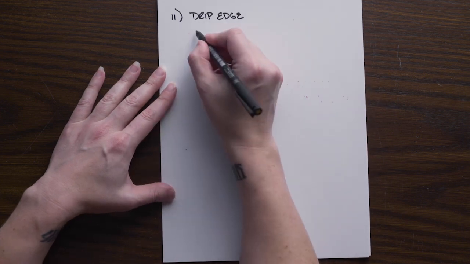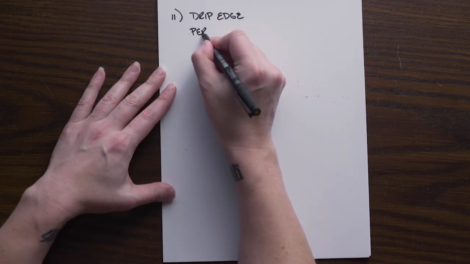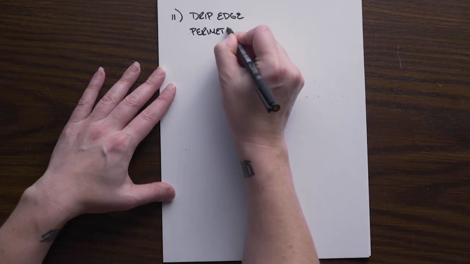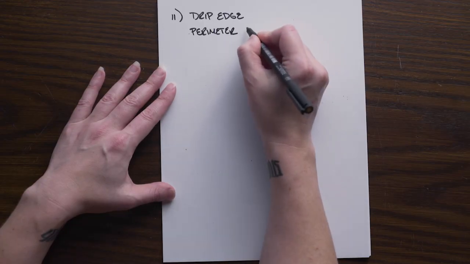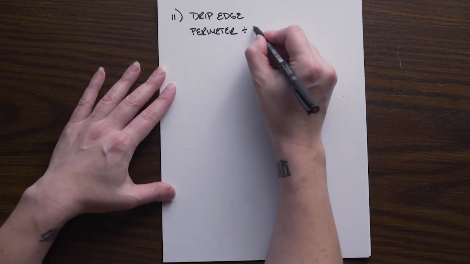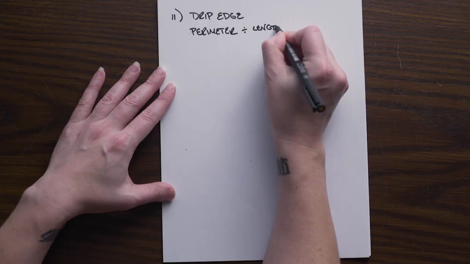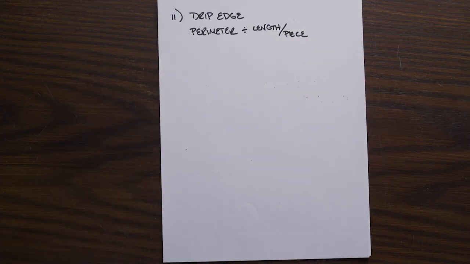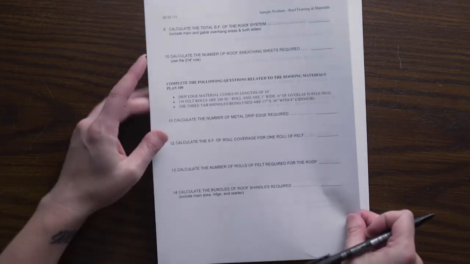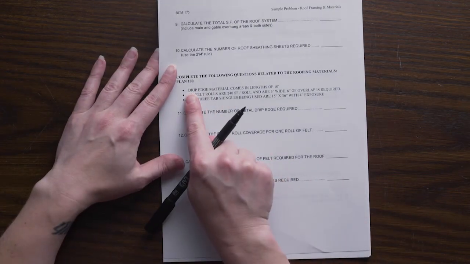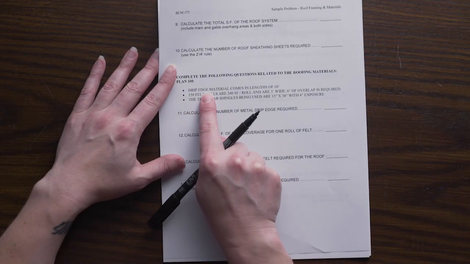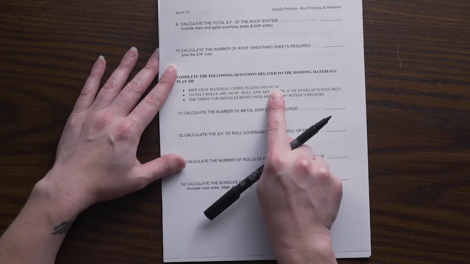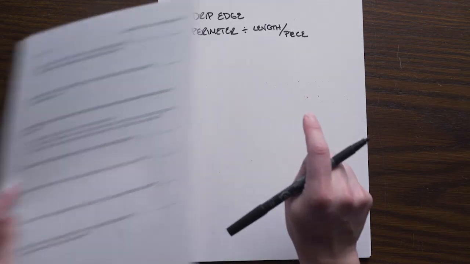This is simply based on the perimeter of our roof. And then we need to divide it by the length per piece. It could be given to you in the specs or whatever you purchase. Here we're told that drip edge material comes in increments of 10 feet.